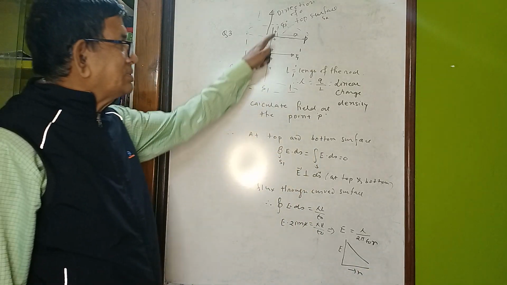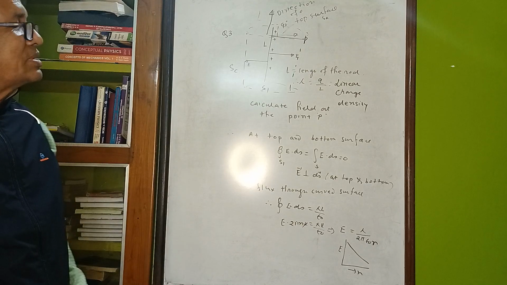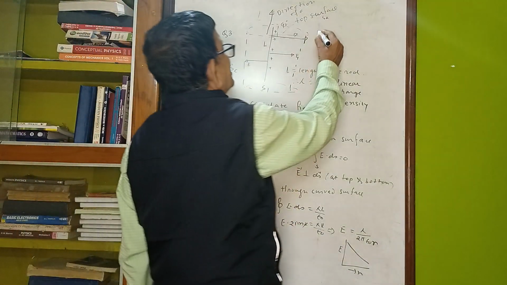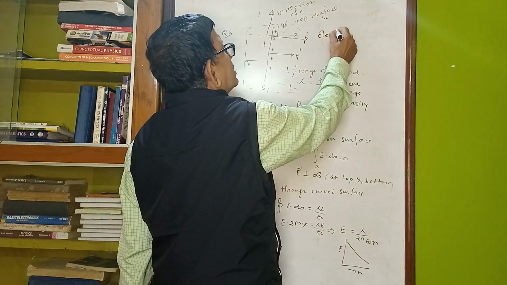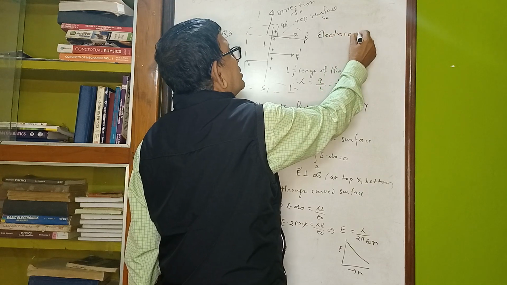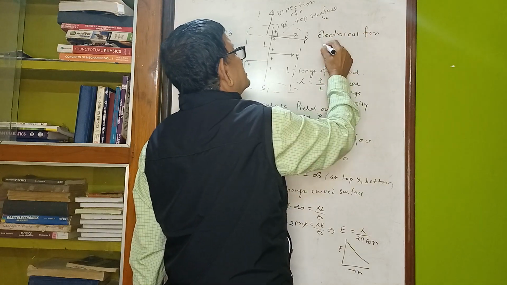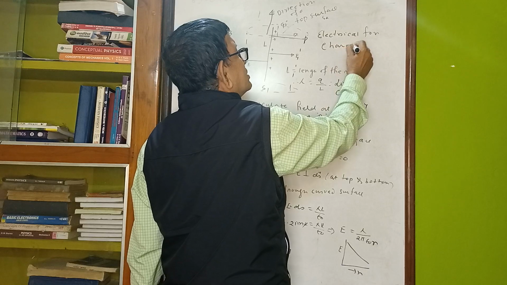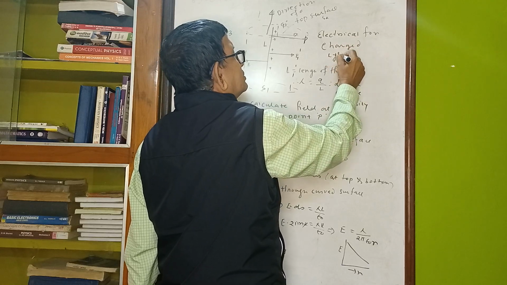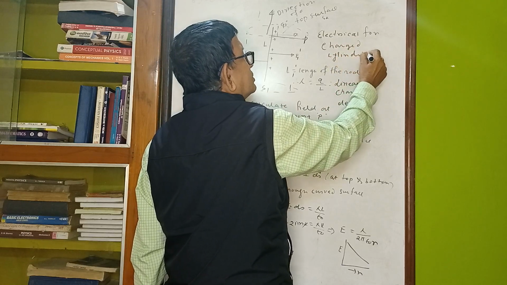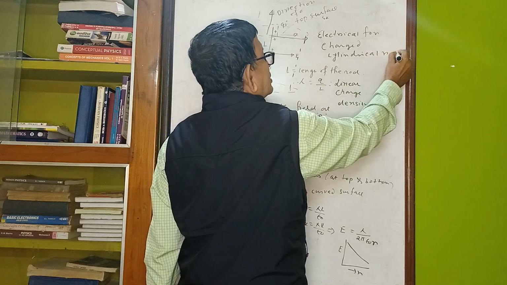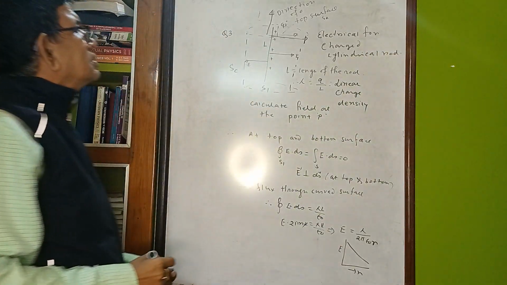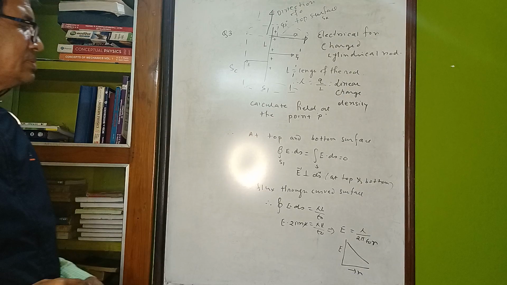So it is clear that this is the electric field for a charged cylindrical rod, whether it is finite or infinite.